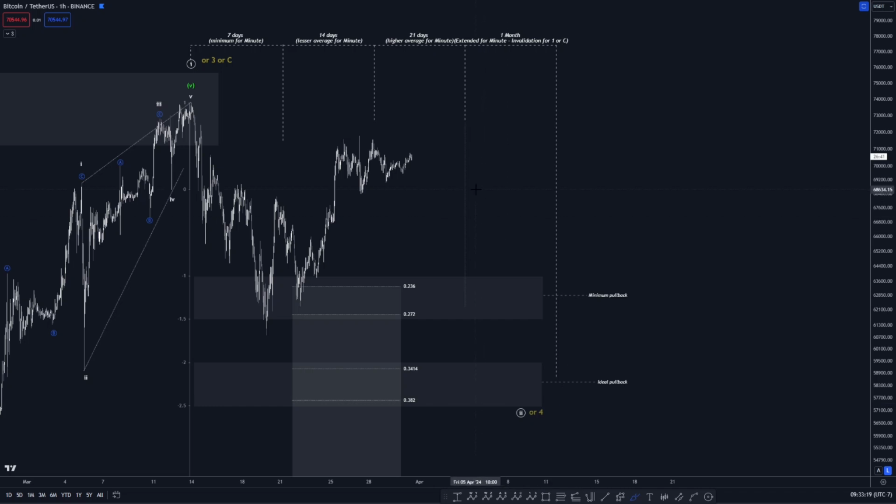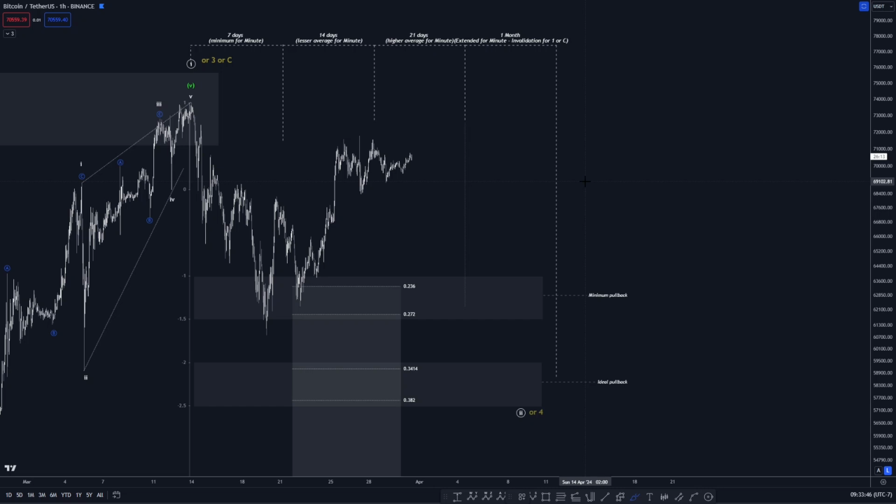So minimally, we were looking for a minute correction, which was about at least 1 week. There was that 3-way move, right, for about 1 week. We were looking for it mainly to be at least 2 weeks to 3 weeks. This is our primary expectation. However, given the variations that I just went over, it's likely for price to expand beyond this.